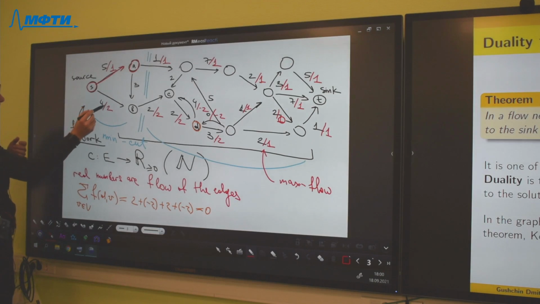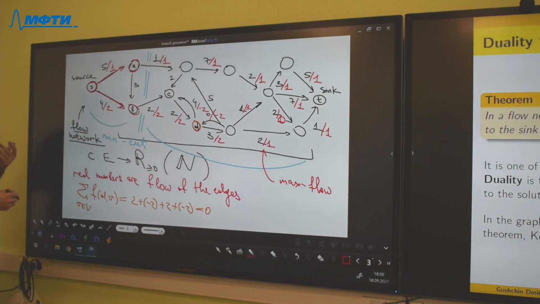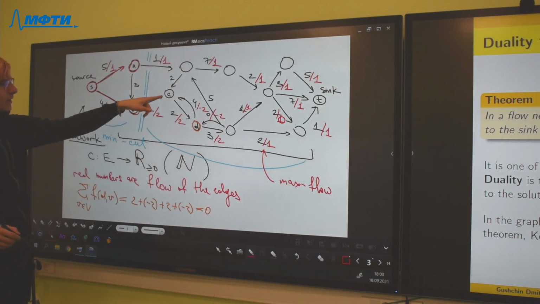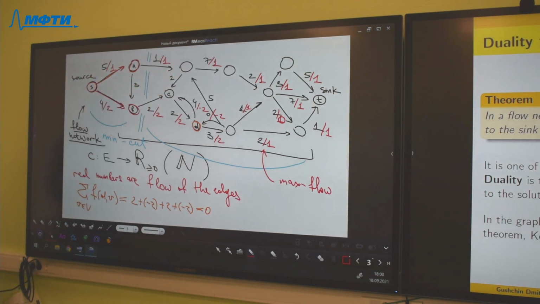And 4 minus 2 is equal to 2, and we can go from source to B using this edge in the residual network too. But in the residual network, this edge and this edge have capacities equal to 0.